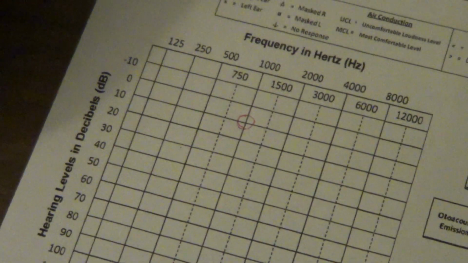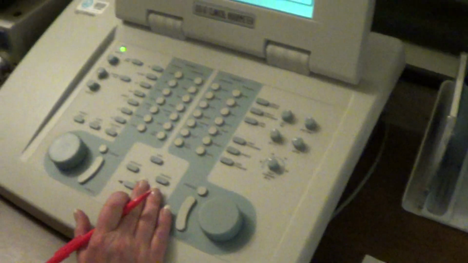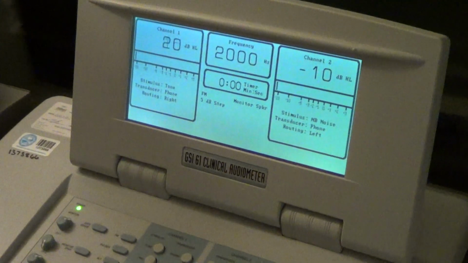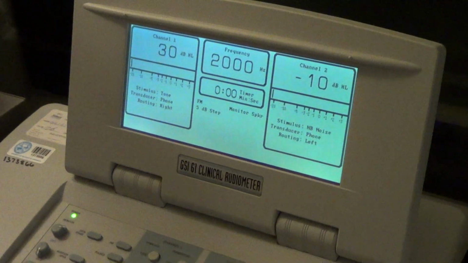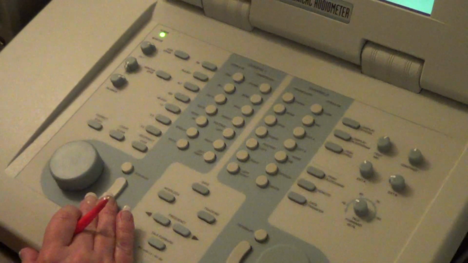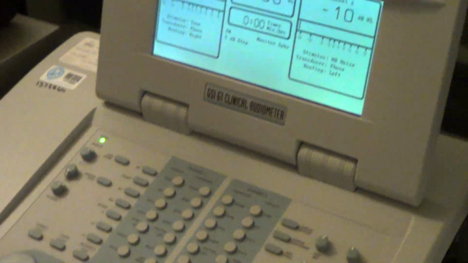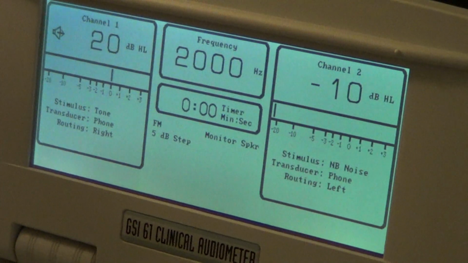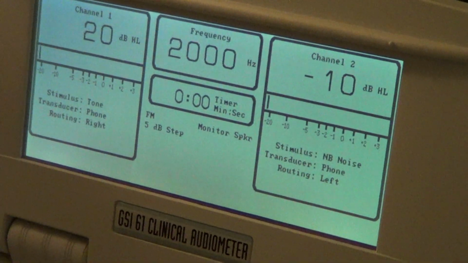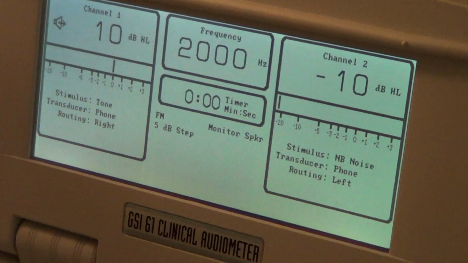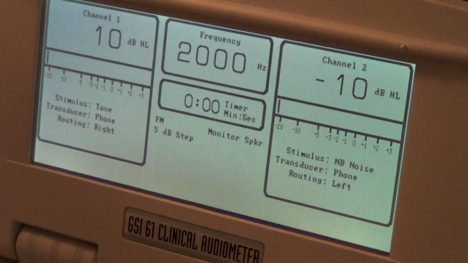The next frequency that I'll test then would be 2000 hertz and starting at 30. Patient responded. Patient responded, down 10. No response, up 5.